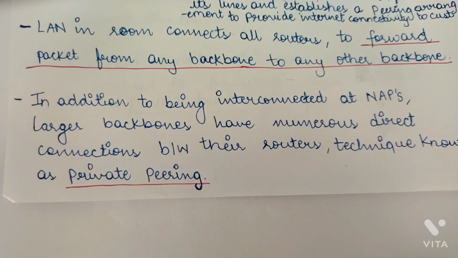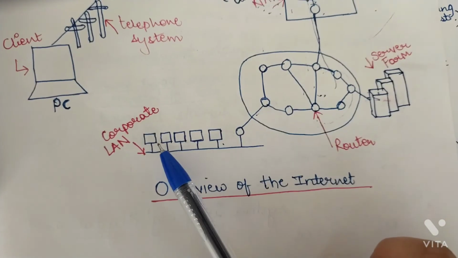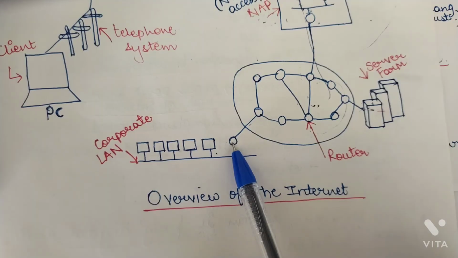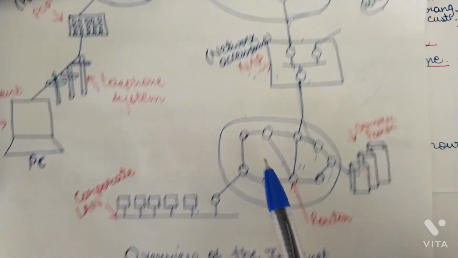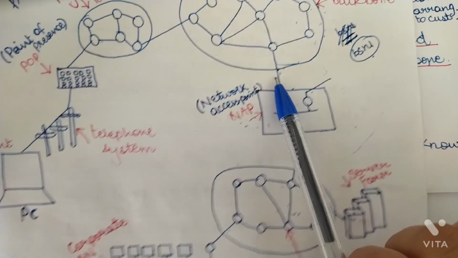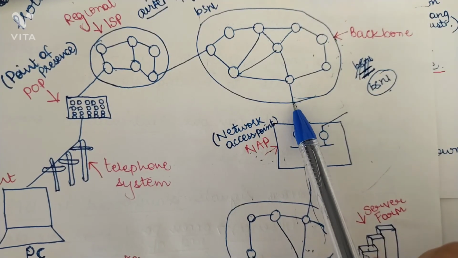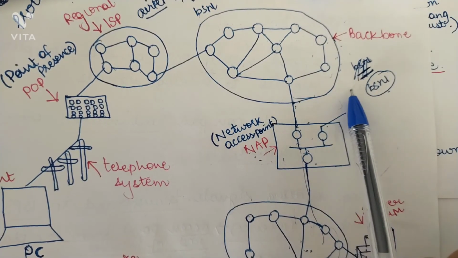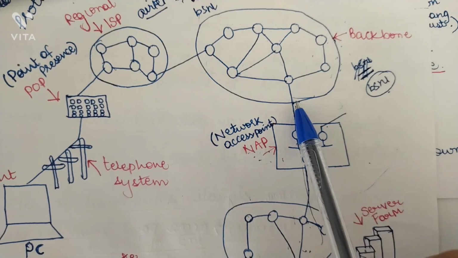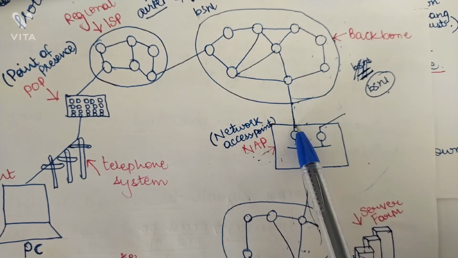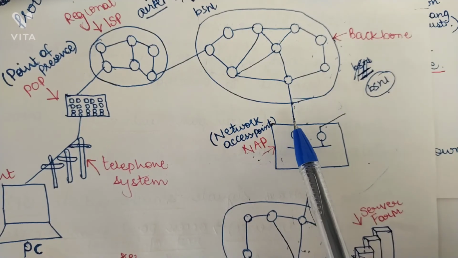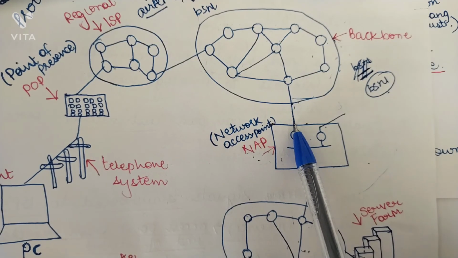That is, in this technique the LAN is connected to the router, so the LAN sends the packet to the router, and then these routers are connected to the backbones, so the packets are then transmitted to the backbones, from where they are transmitted either to the host or to the network access point if they are for a different ISP which this backbone is not serving.